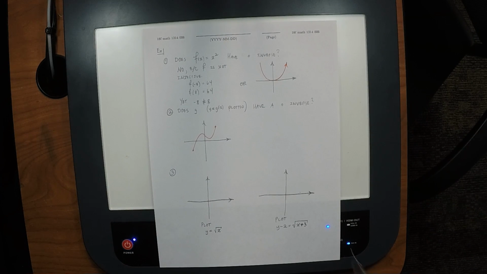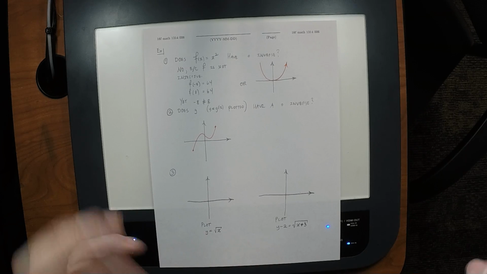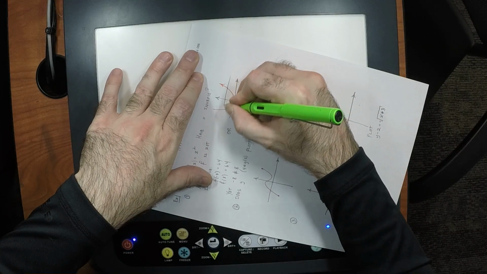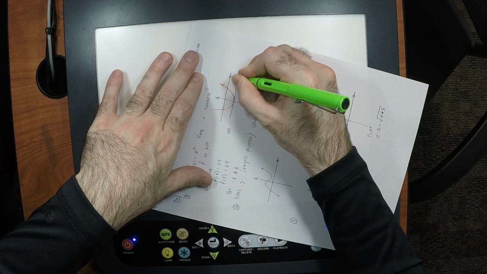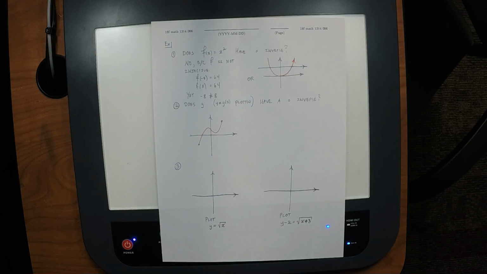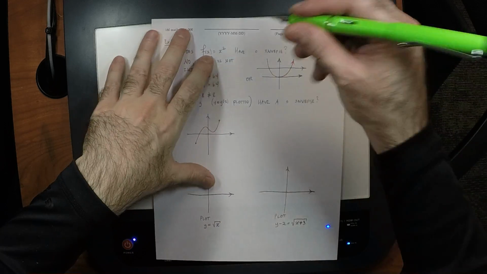The vertical line test tests if something is a function or not. The horizontal line test is once you've concluded it's a function, then you can check, is it an injective one? So like, this line right here. To pass the horizontal line test, what is the maximum number of intersections allowed? 1. So notice that there's 2.